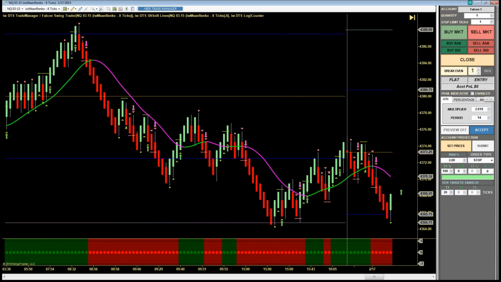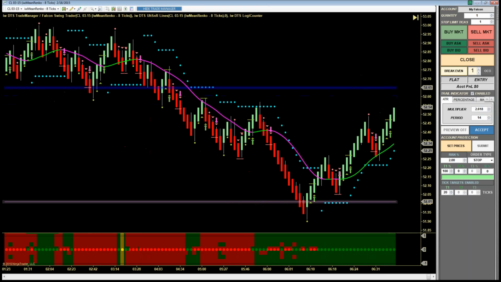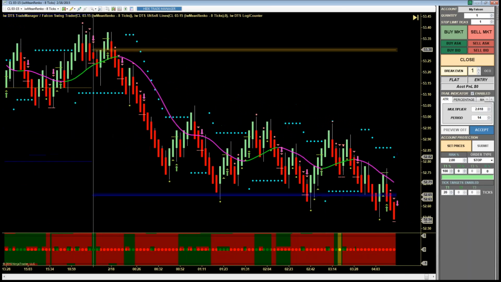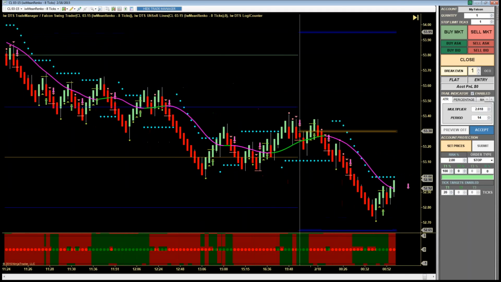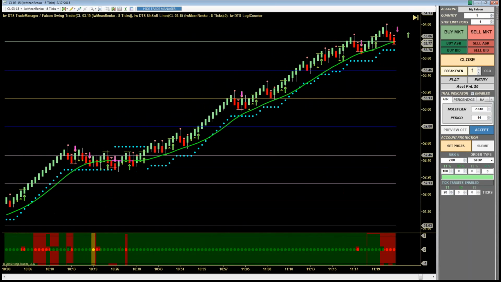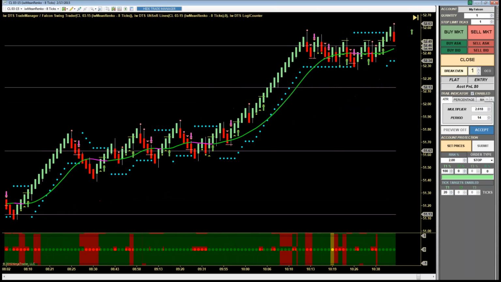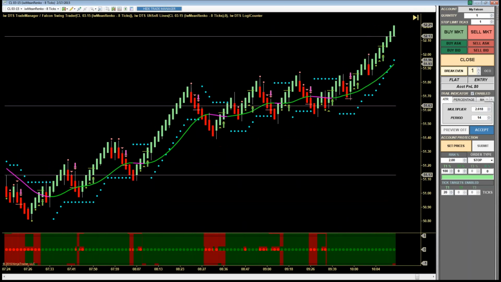Very high probability signal in the Falcon. Again, those are one of those signals that when I see it, I almost take it without exception. I need a really good reason not to take that signal. It is that strong. Let's see if I can find you another one.